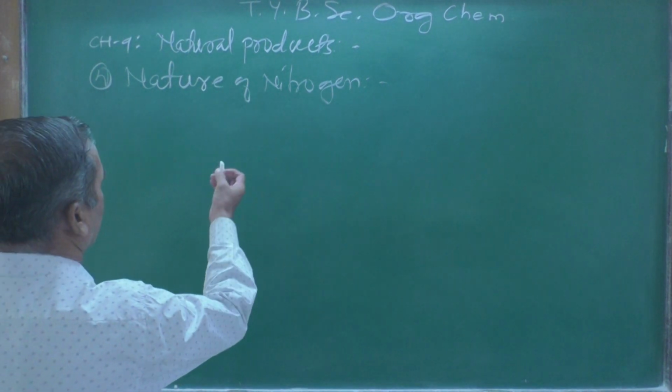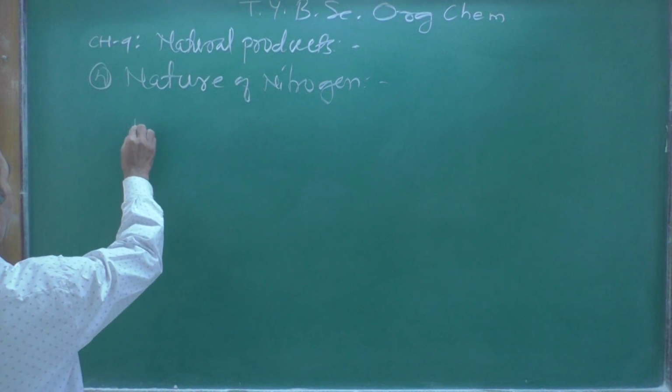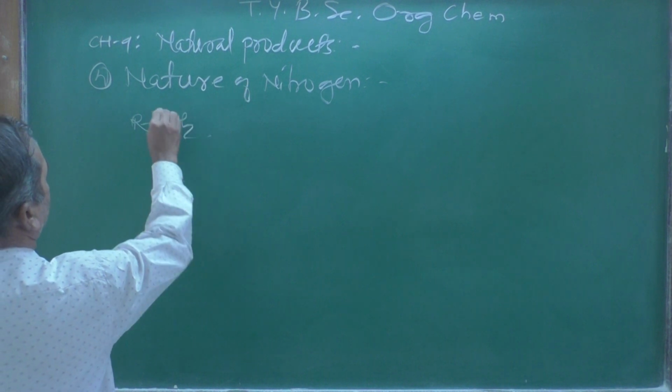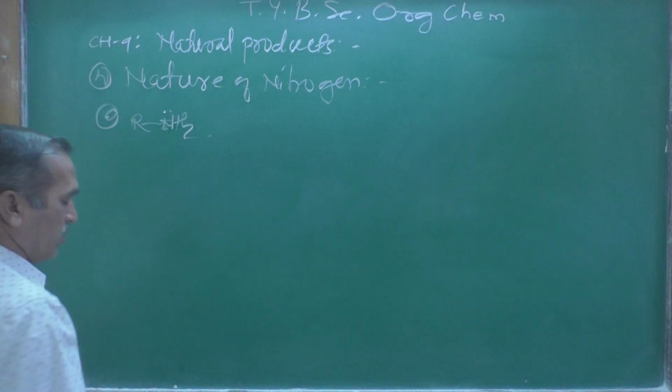How, let us see over here. Suppose we have R, then NH2. This we can call a primary amine.